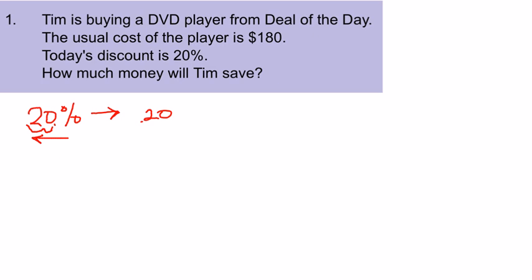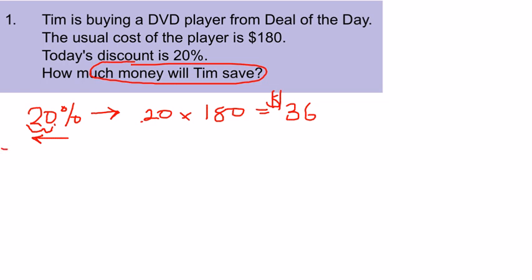We want to know just how much money will he save, not how much he's going to spend. Make sure we're reading the question right. We're going to take that 0.2 and multiply it by 180. If we do that correctly, I think we should get 36. Of course, that's dollars, so $36. So that's how much he saved.